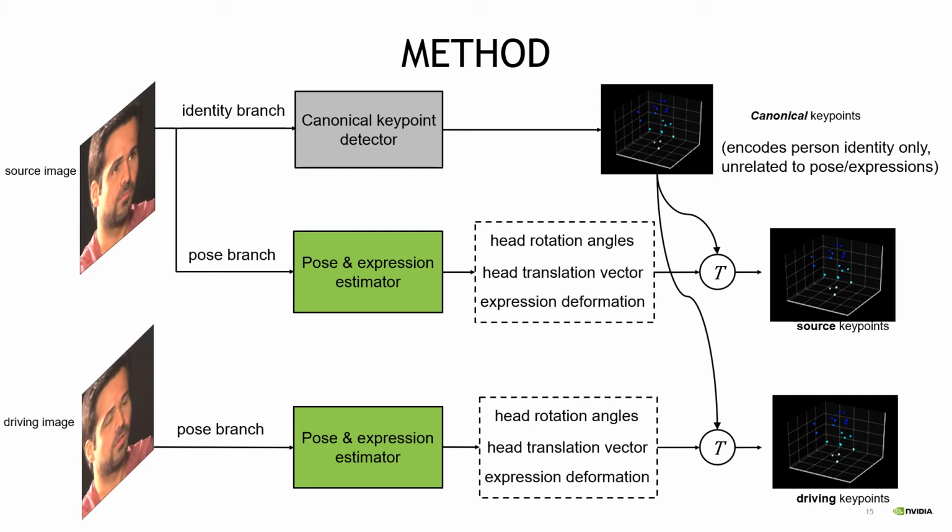And as shown in the previous slide, we use source key points and driving key points to build a correspondence to warp the source features. Just to note that we only have one pose and expression estimator. We use the same one for the source image and for the driving image.